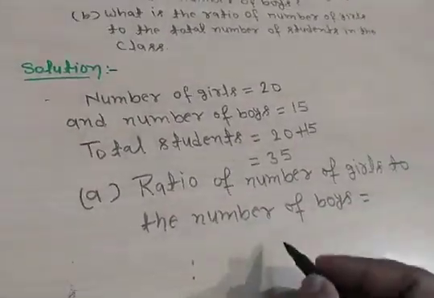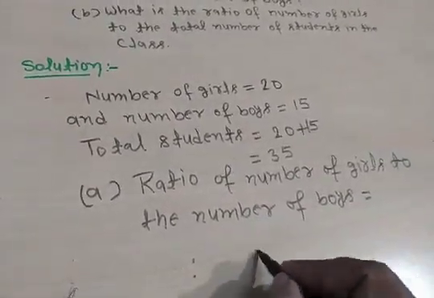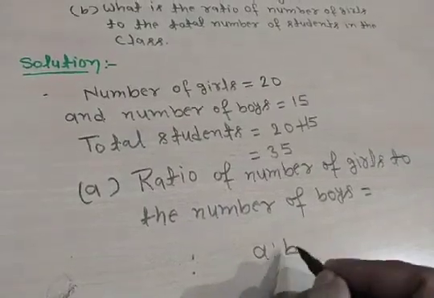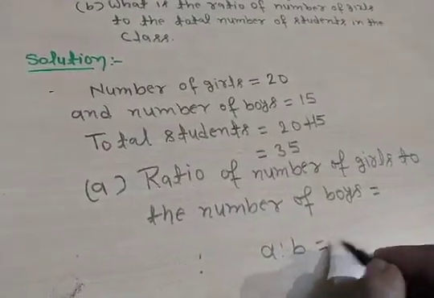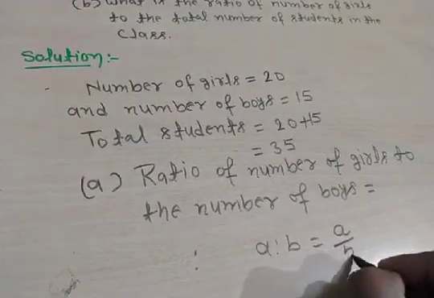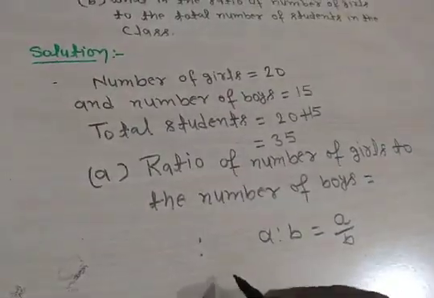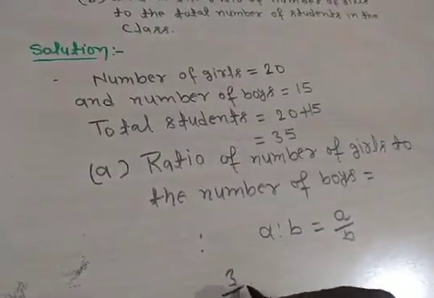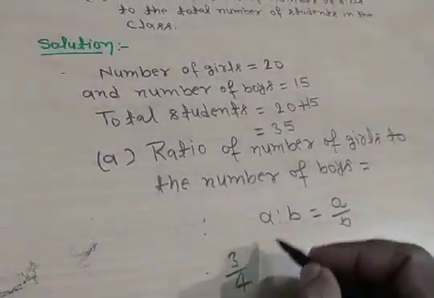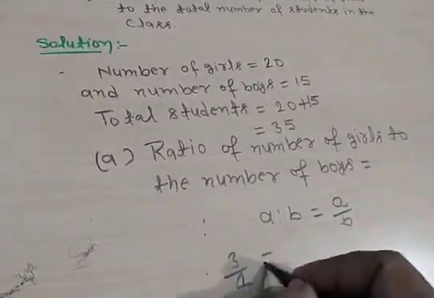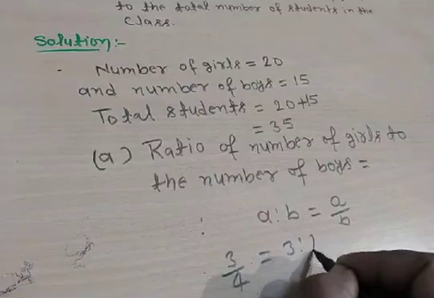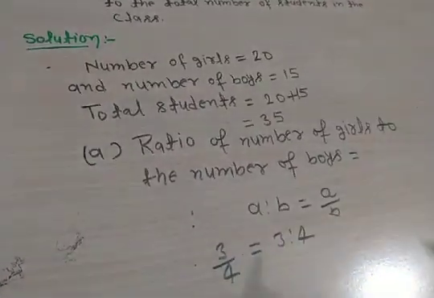Suppose you need to write A ratio B, so you write A ratio B. This is also equal A by B. Clear? If you need to write 3 ratio 4, first you can write it 3 by 4 or 3 ratio 4. Clear?